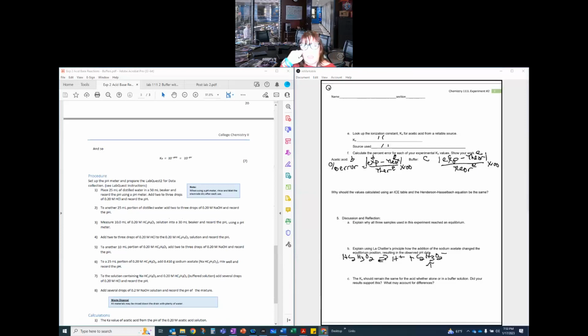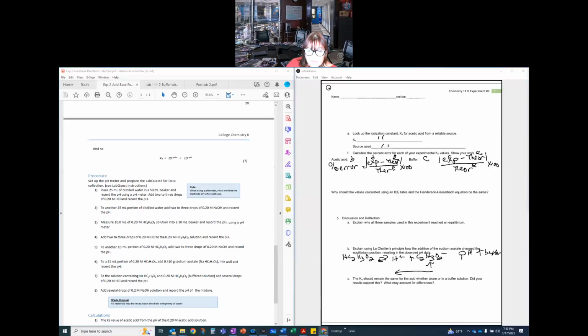When I add that, what happens to that equilibrium because of Le Chatelier's principle? It should shift. Which way does it shift? And when it does, why does that affect pH? So I think that it should shift this way, which I know that it does. So why does that affect the pH that you see? Why does the pH go up? Because remember, the pH goes up in the buffer. So we need to explain that.